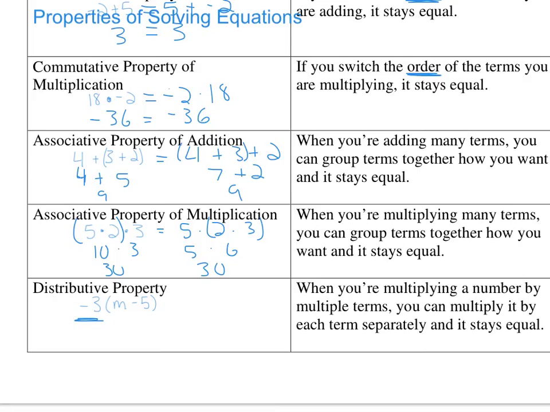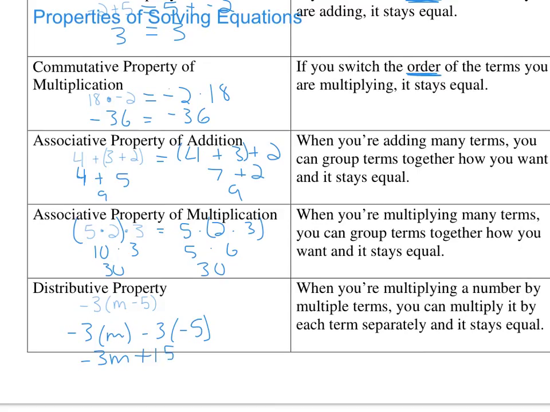So what it means by that is we can multiply the -3 times m and the -3 times -5, do each term separately. That'll give me -3 times m is going to give me -3m, and -3 times -5 is going to give me a positive 15.